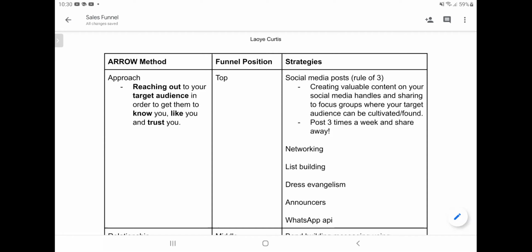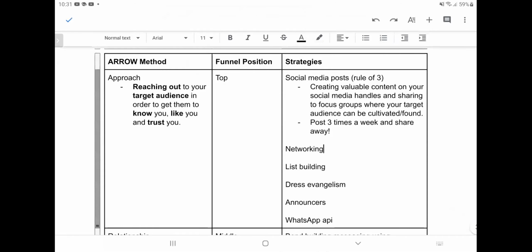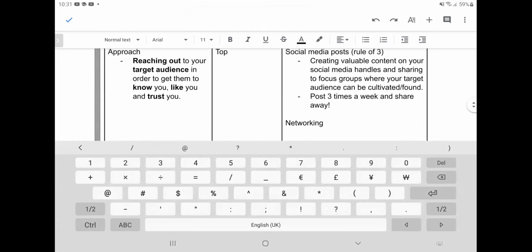Okay. So that said, the other bit, apart from social media posting, is networking, and I've talked about this extensively in terms of networking with people in the kind of organizations and places where you can find your target audience. So let me add that here.